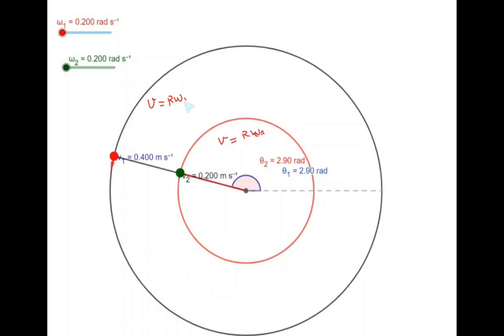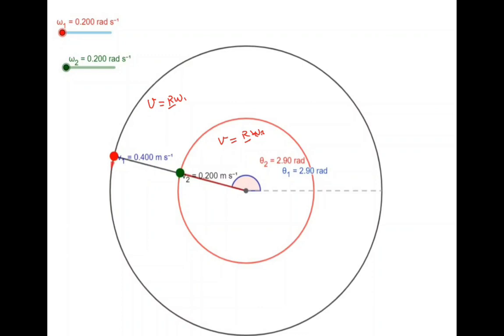Now omega is the same. The only difference here is the radius of the circular path, but the radius for the green one is fixed, so the velocity is equal to 0.2 meter per second, and it's not changing. And the velocity for the red one is 0.4 meter per second, and again it's not changing because the radius is constant.